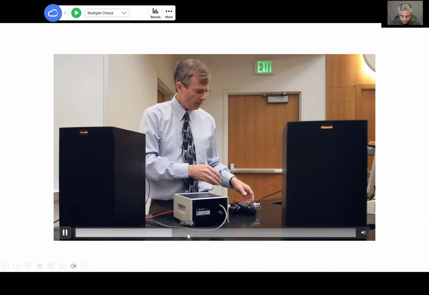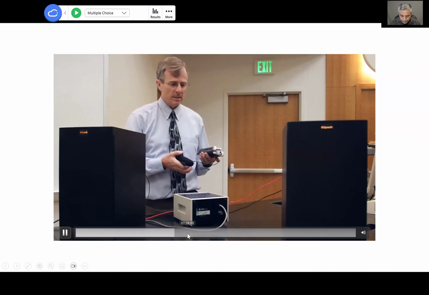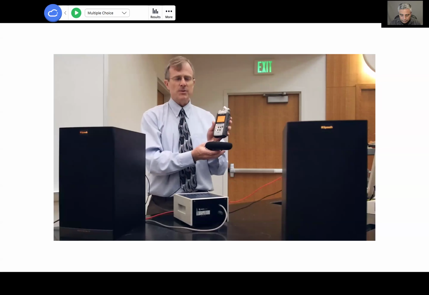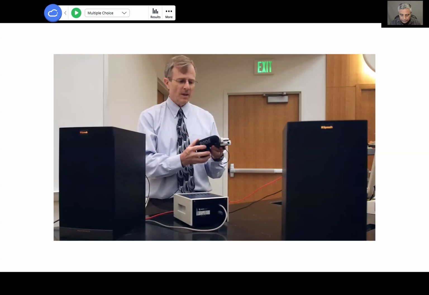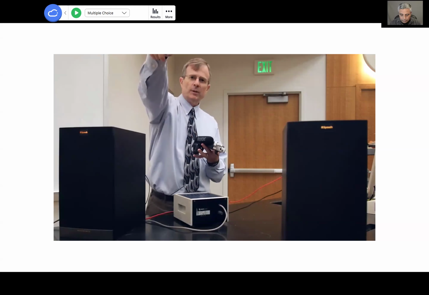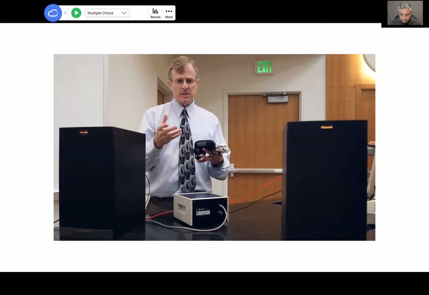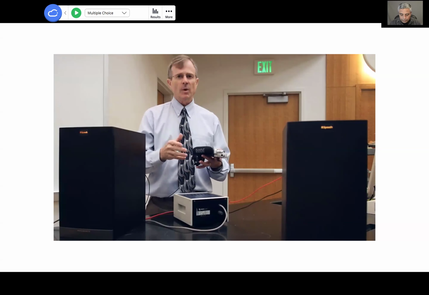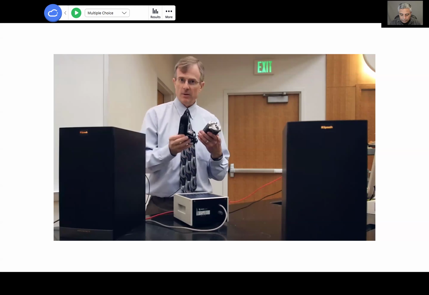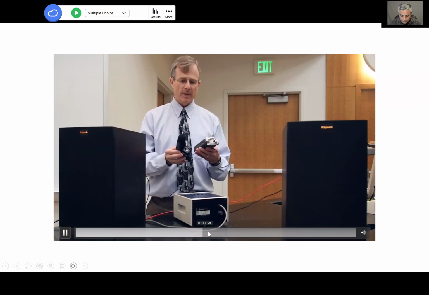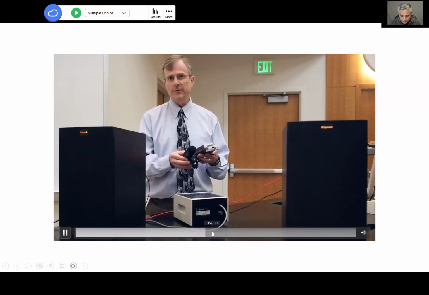And so what we're going to do next is use this microphone attached to this meter and move through the sound field, and you'll be able to see with your eyes on the meter the level of the sound, as well as hear the sound picked up by this microphone that shows this constructive and destructive interference pattern.